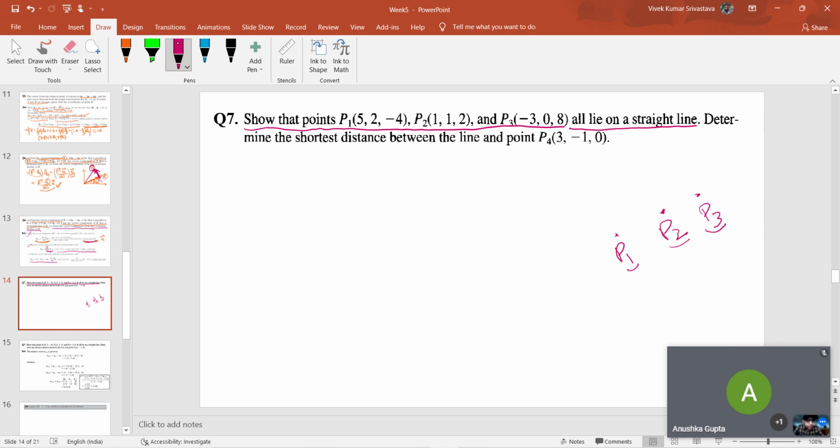You have to check whether these points lie on the same line, in a straight line or not.